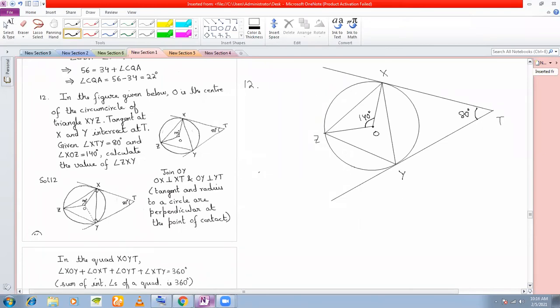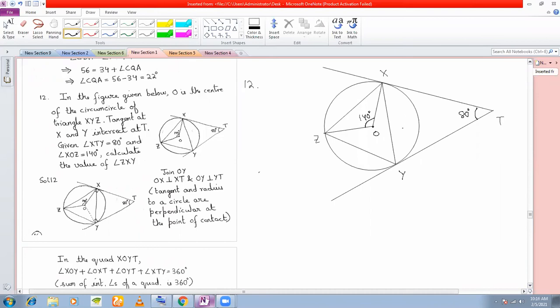If you read this question, it states that O is the center of the circumcircle of triangle XYZ. If you have a triangle XYZ and a circle around it, circumscribing this triangle, it is called a circumcircle.